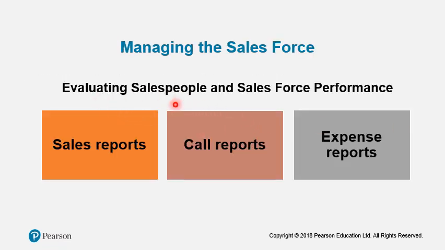While evaluating the salesperson, you will look into their sales reports, their call reports, basically they have the call logs, and also their expense reports. This is very easy to see how many sales they have made, how many phone calls, how long it takes, and many sales force calls are being recorded.